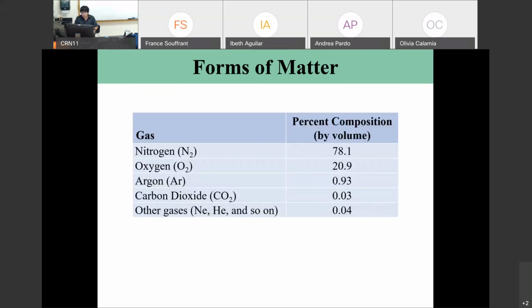Now, in the case of the forms of matter, remember that we can classify matter and have substances, such as air, stone, water, seawater, right?